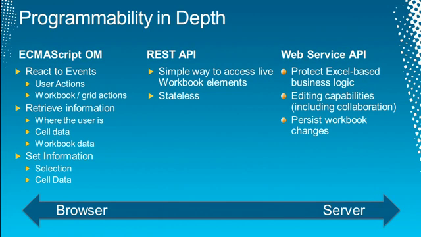And you can have REST, of course, to support browser types of applications you might be building. But you can also use other types of devices and rich client applications that can pull information out of the Excel document via REST. And then, of course, 100% on the server is the Web Service API.